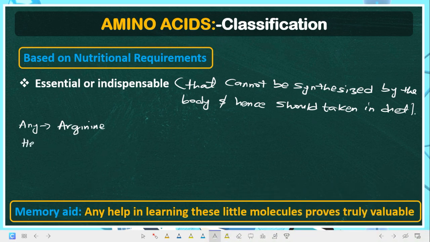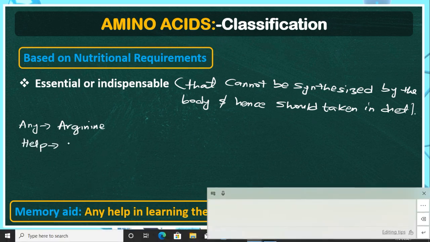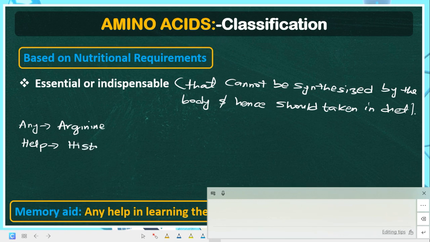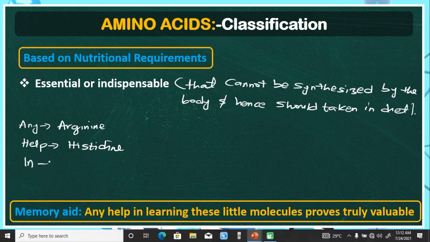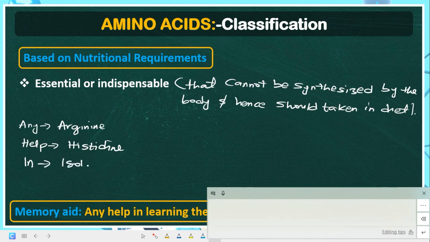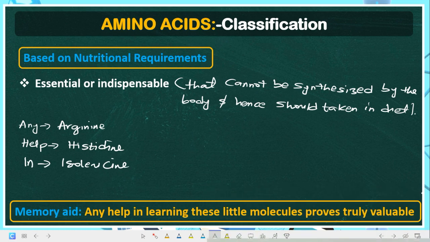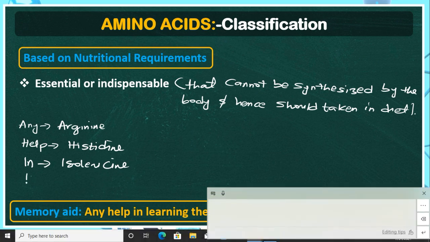Now, help means what? Histidine. Then we have in. In means isoleucine. Then we have, after isoleucine, we have leucine for learning.